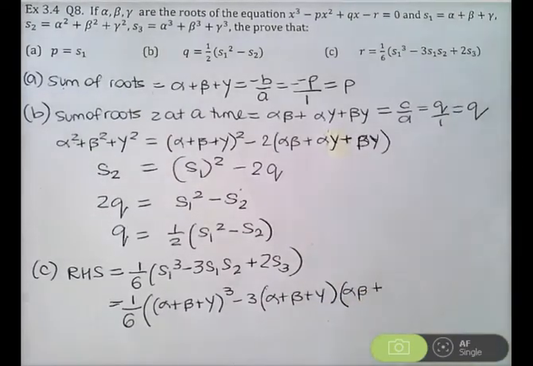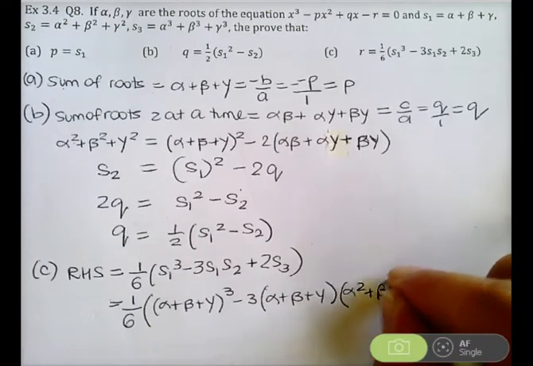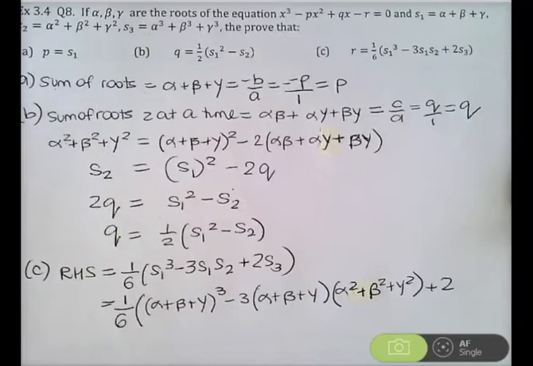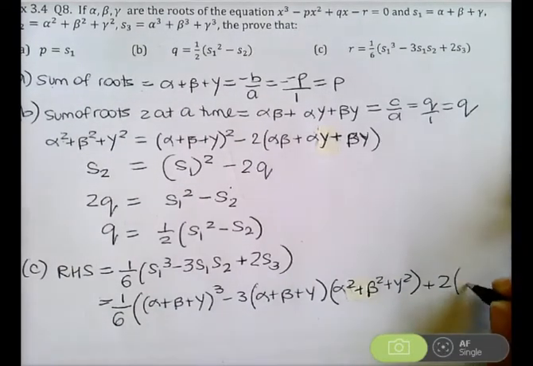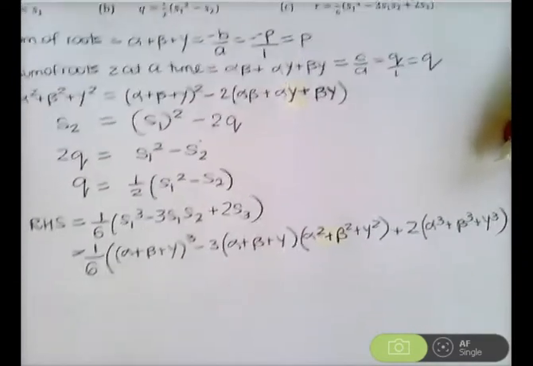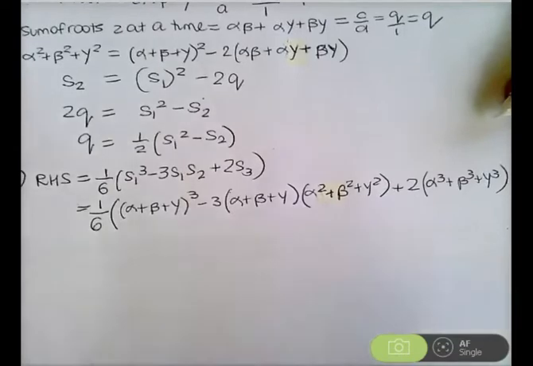No, it's not. It's alpha squared plus beta squared plus gamma squared, plus 2 lots of S3. What's S3? Alpha cubed plus beta cubed plus gamma cubed. Don't worry, this has got enough challenge in it. It's not that it's hard, it's just fiddly.